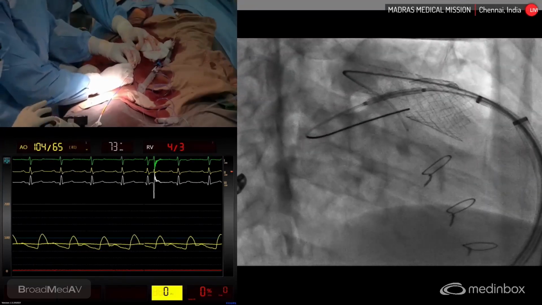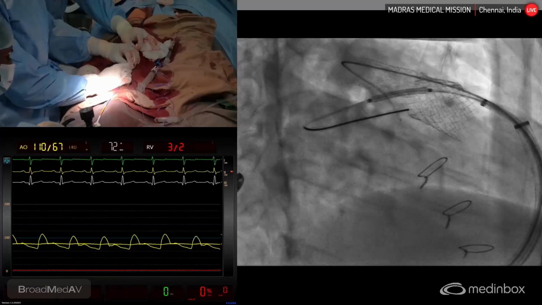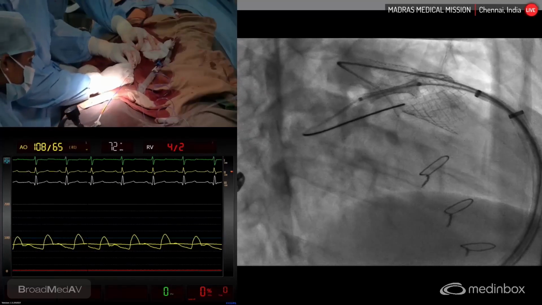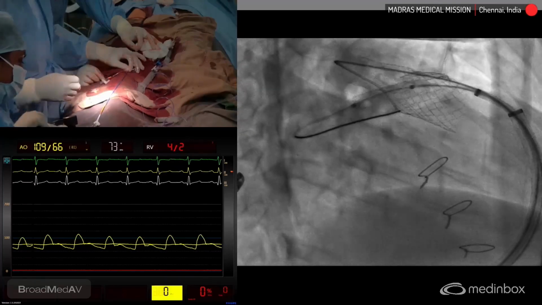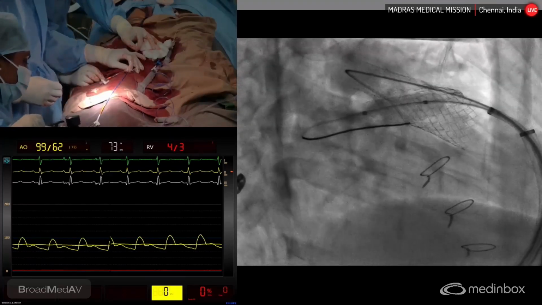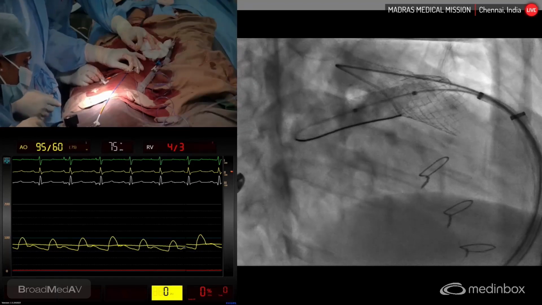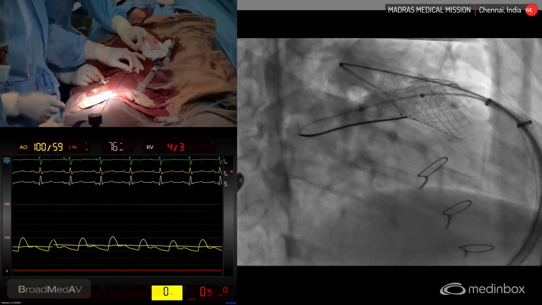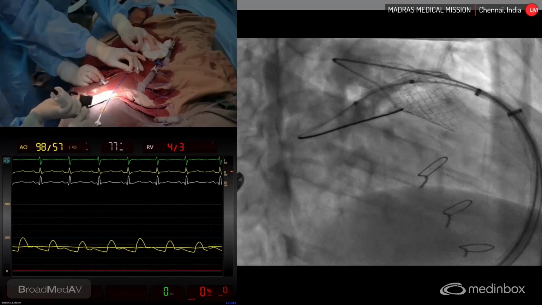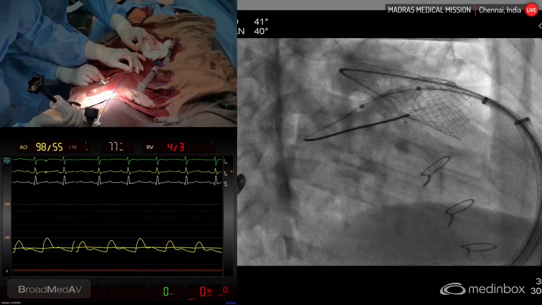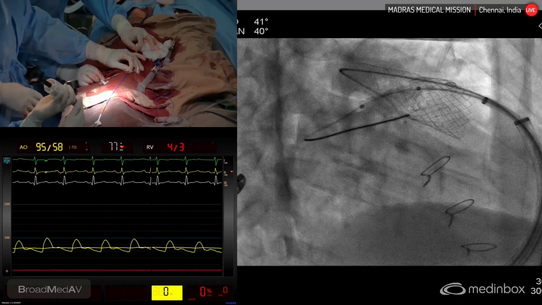Go up. 12, deflate. I need two Mustang 12 into 4 balloons now to consolidate.